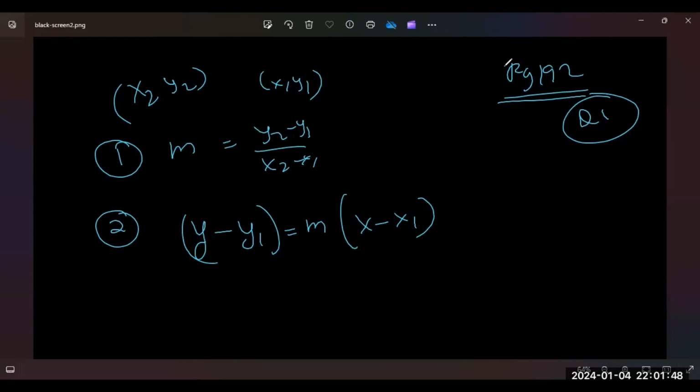First, we have to find the slope. What is x1, y1, x2, y2? x2, y2 is 6, 9.